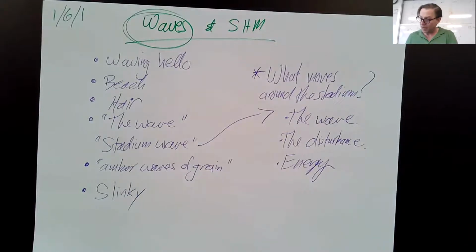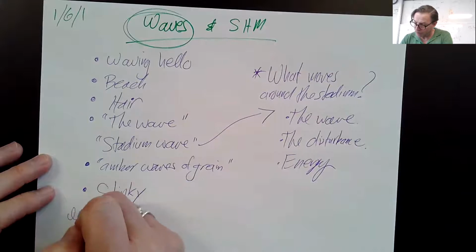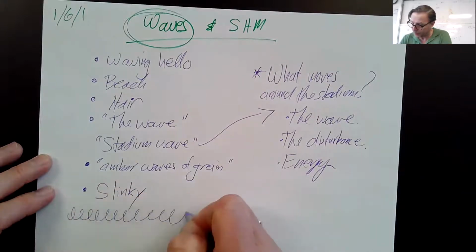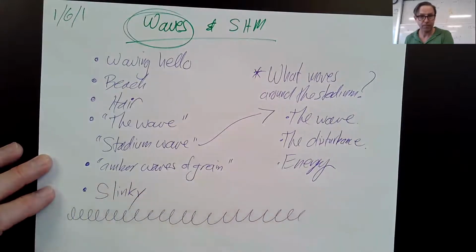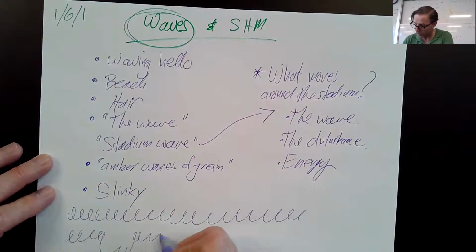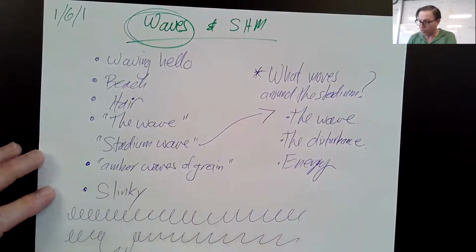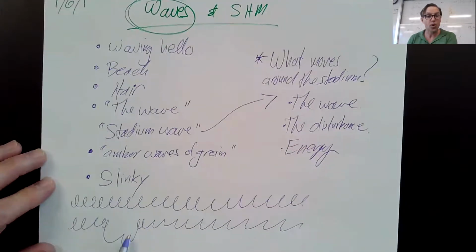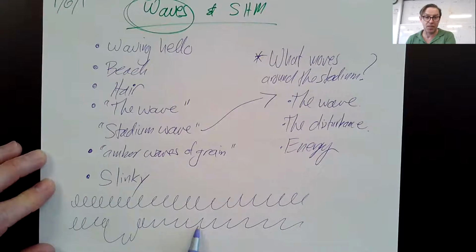But if you think about it, the slinky started out looking like this. And then there was a moment when the slinky looked like this. So these coils were disturbed from their equilibrium. And then a moment later, it was these coils that were disturbed. And a moment later, these coils. And then a moment later, these coils.